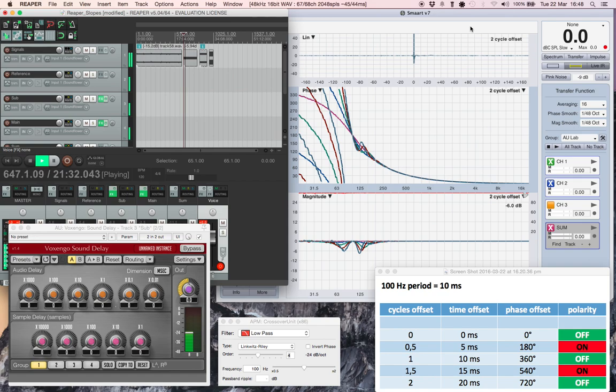And this is the danger when you try to align main speakers to subwoofers by ear and listen either for cancellation, thinking that you are in phase and on time and then flipping the polarity, or listening to summation while you are adjusting the delay to either the main speaker or the subwoofer, because you're not exposing yourself to the neighboring frequencies.